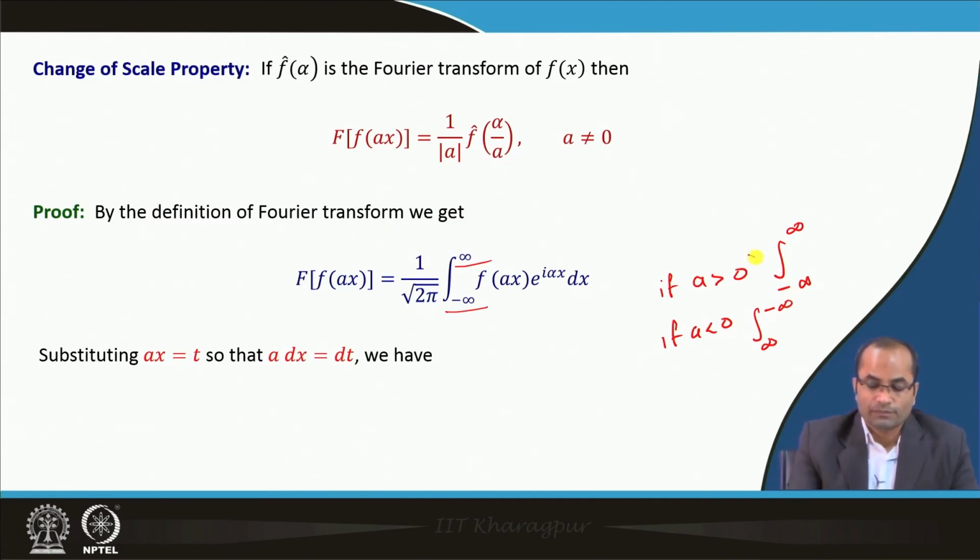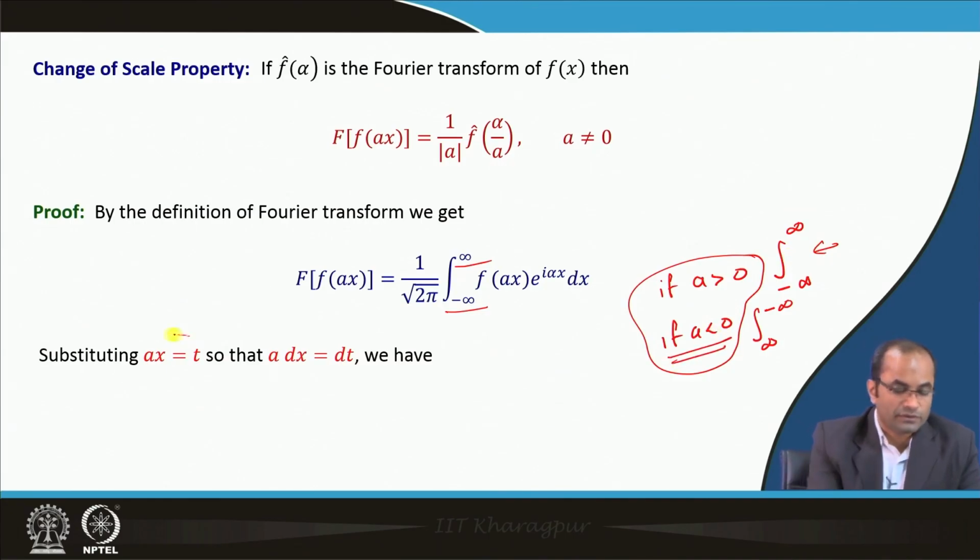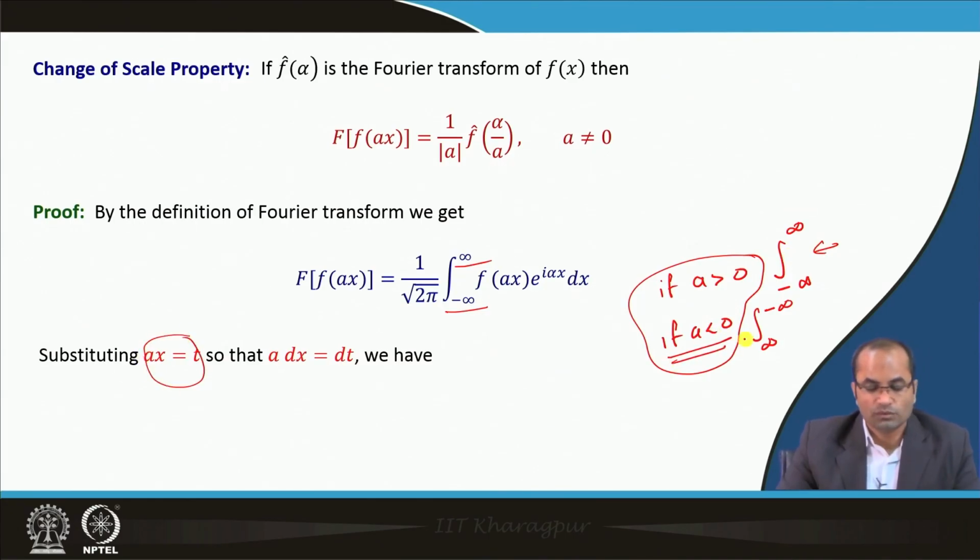So, depending on the sign of a, if a is positive there will be no change in the limits, but if a is negative, then because of a x equal to t, the limits of t will have a reversed orientation.